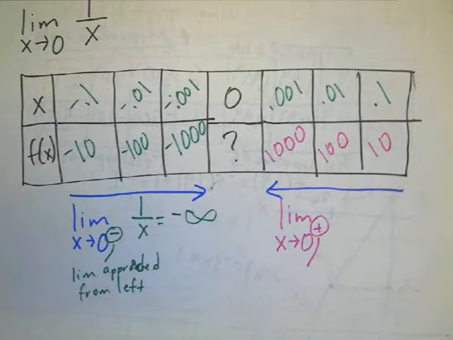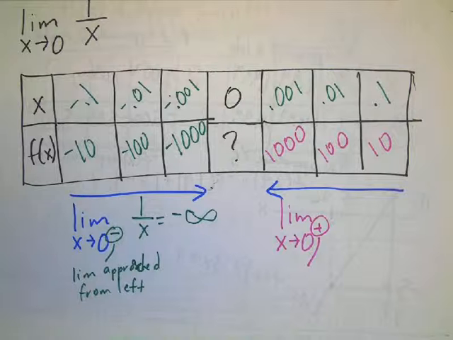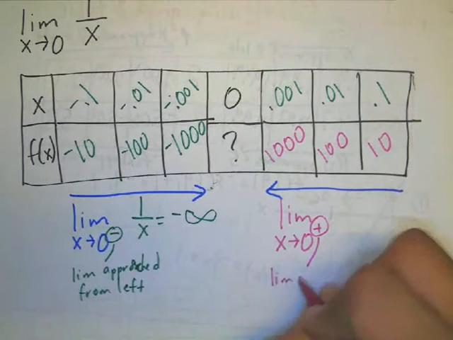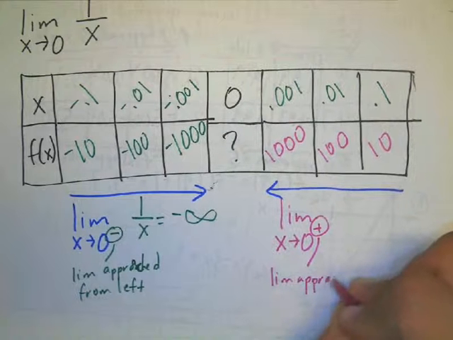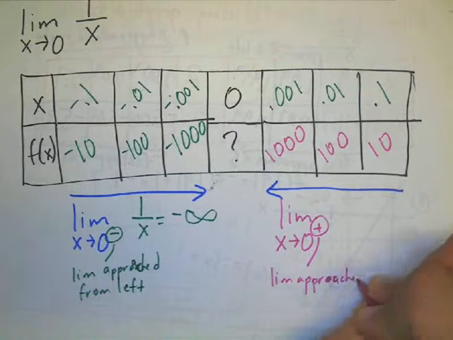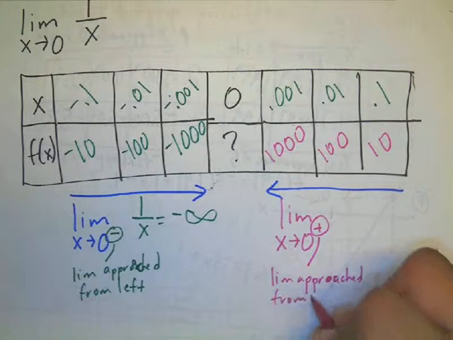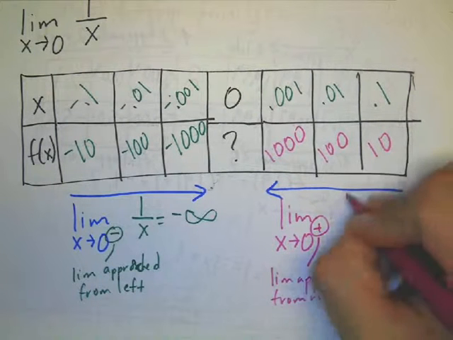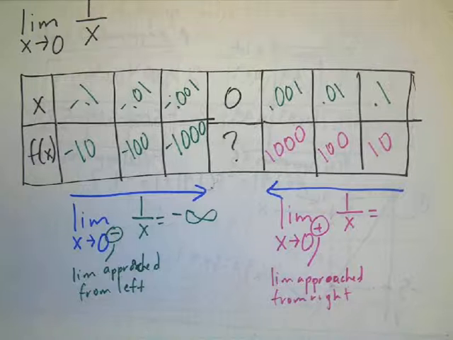So this is saying the limit approached from the right of 1 over x. So when I approach it from the right, as you get closer to 0, what is f of x doing? It's going to positive infinity, right? It's getting larger and larger and larger, shooting off to infinity.